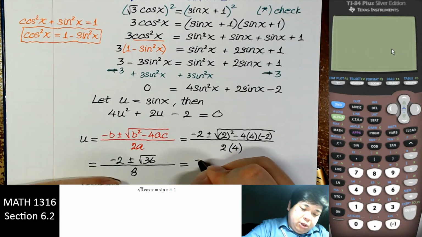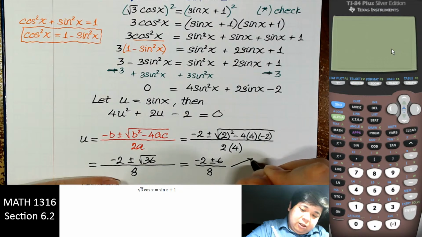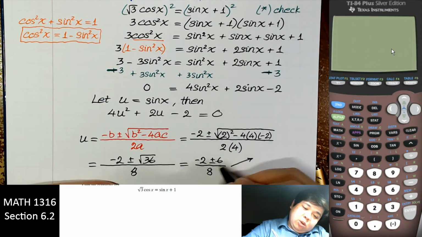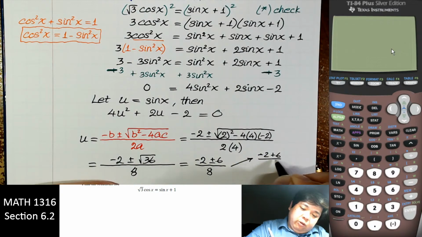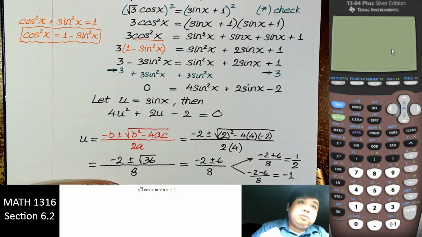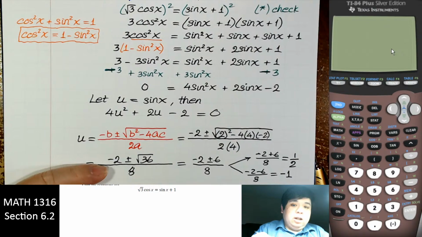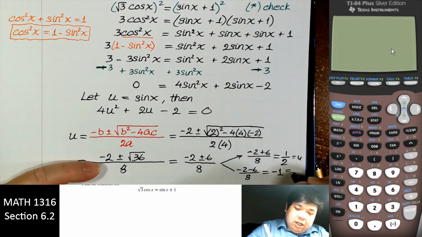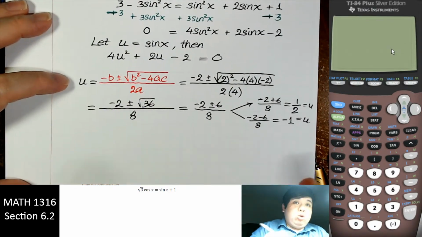So we have negative 2 plus or minus 6 over 8. Negative 2 plus 6 over 8 is 4 over 8, which is 1/2, or negative 2 minus 6 over 8 is minus 1. So we have u equal to 1/2, and then u equal to negative 1. We need to solve for both of them.